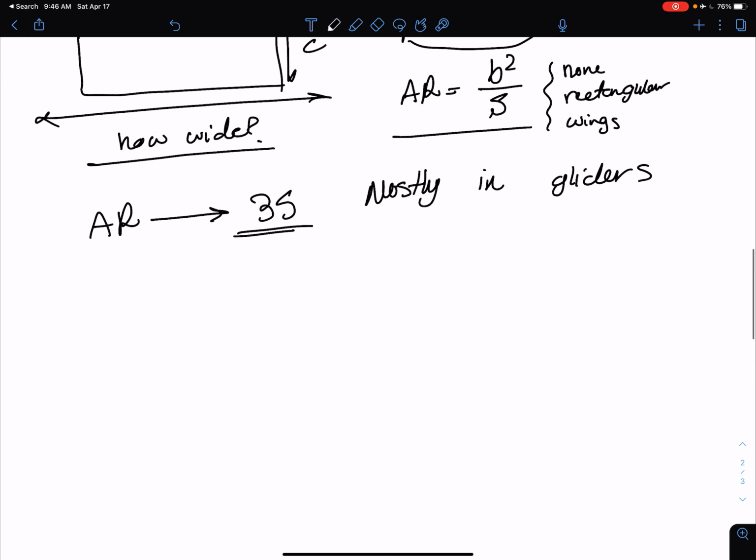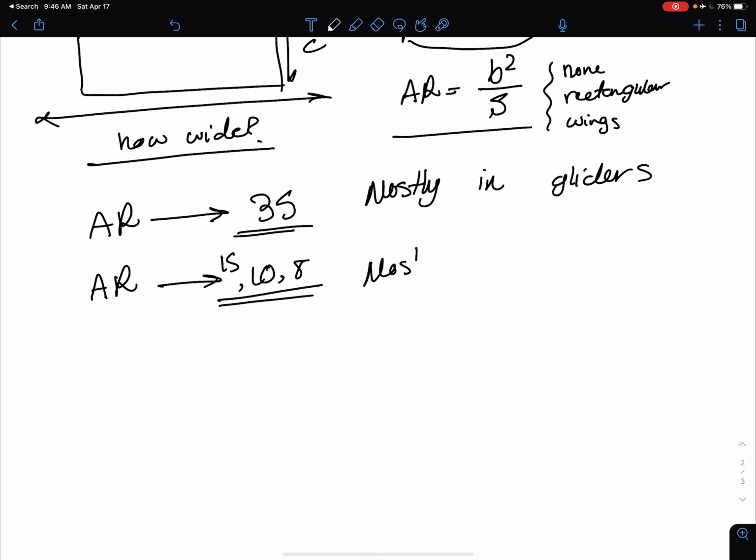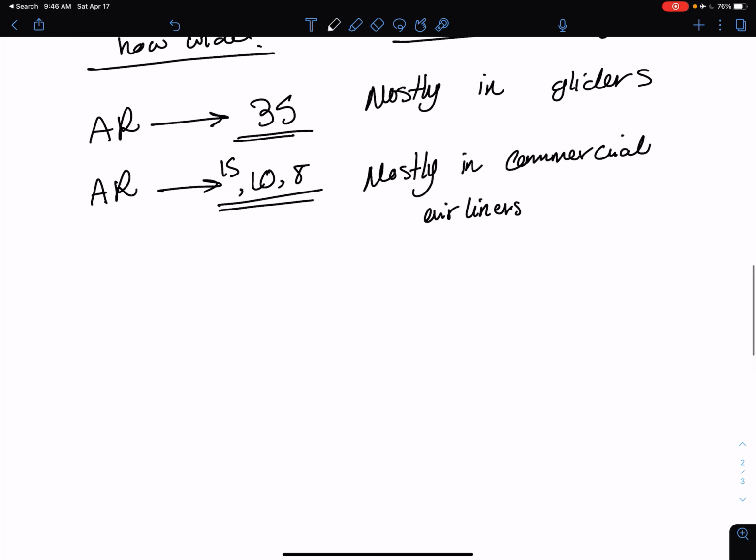And then you decrease the aspect ratio a little bit, as lower aspect ratios, like around 10, 8, or 15, 20, something like those values, are mostly used in commercial airliners. And when you want a really low aspect ratio, like the aspect ratio of 2, you are dealing with supersonic fighter jets.